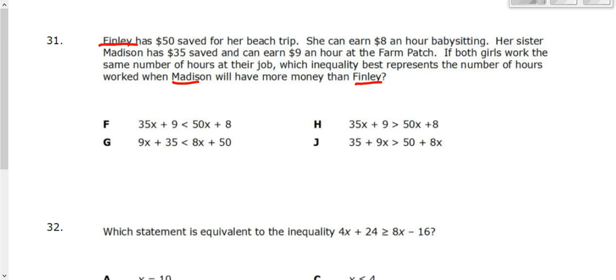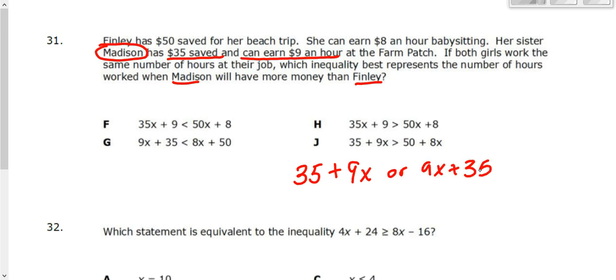Okay, so remember that Madison is the one with $35 saved who can earn $9 an hour at the farm patch. So let's find that expression. I'm looking for the expression 35 plus 9x, or 9x plus 35.